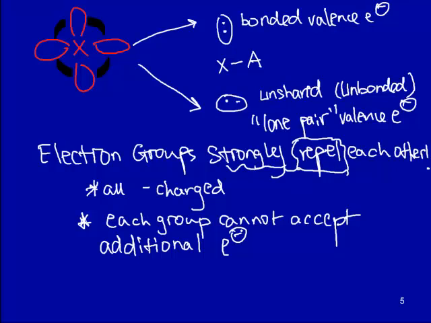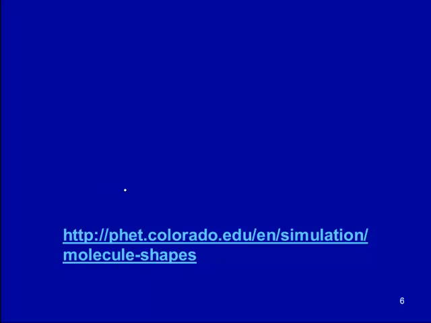So this actually forms a very simple but elegant theory, a means to predict the shape based on this strong repulsion between electron groups. It actually has a name.